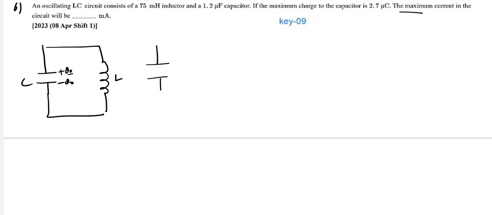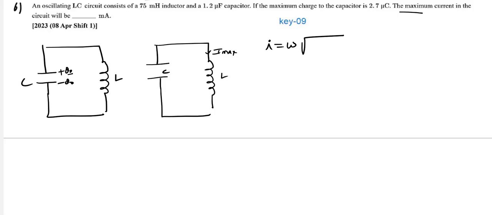At one instant, the current through the inductor circuit will be maximum. So what is the expression for this current? I is equal to omega root of Q naught square minus Q square.